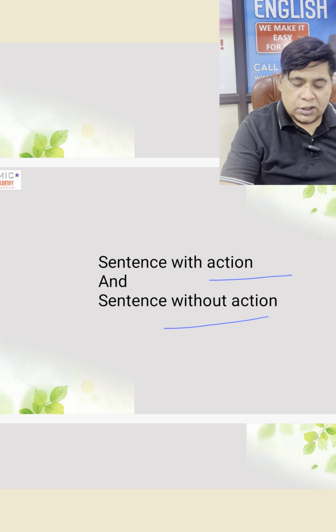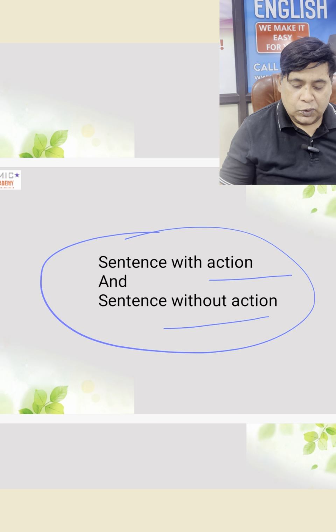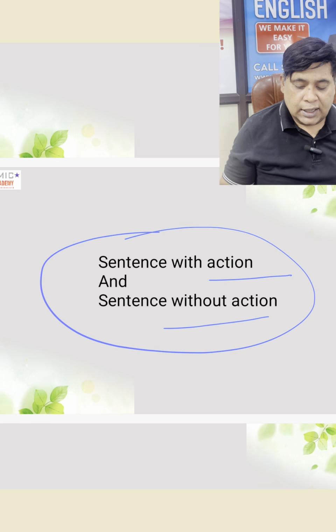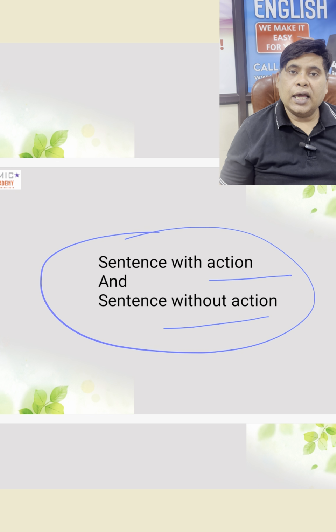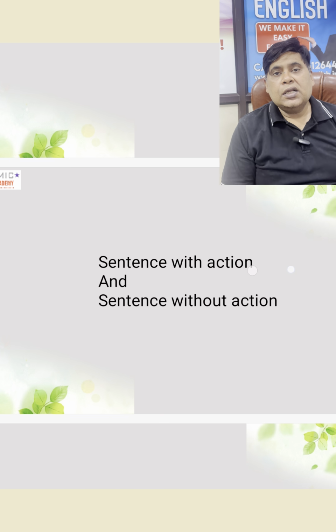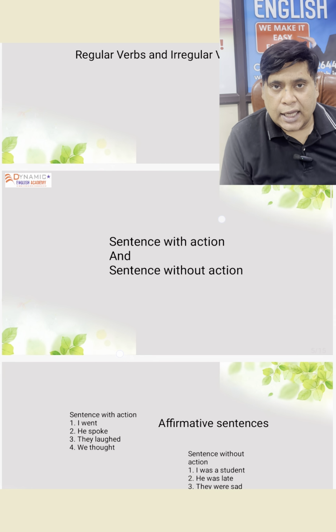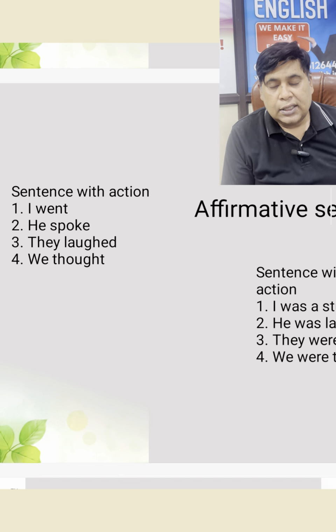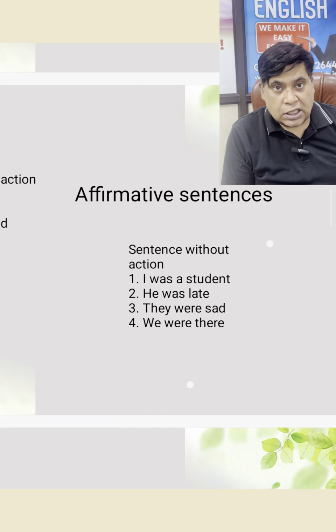Now I would like to tell you that there are two different types of simple past sentences. One is a sentence with action, and another is a sentence without action. For a sentence with action, of course, if there is any action involved, then we use the past form of the verb.